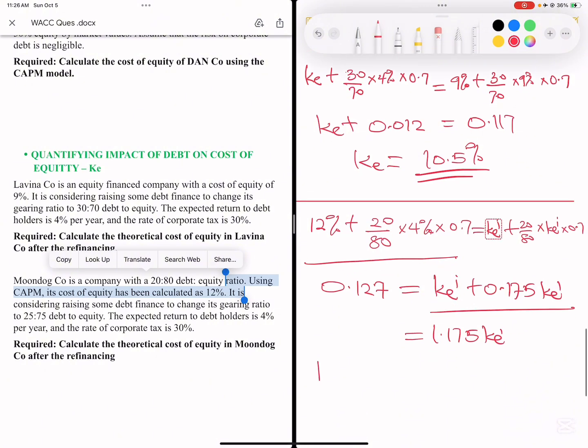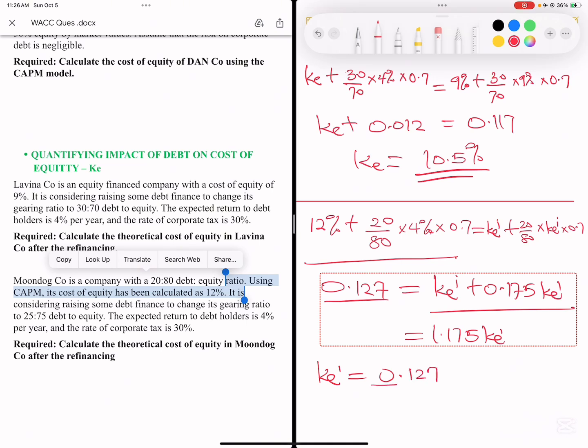Which means KEI equals 0.127 divided by 1.175. And that should give us what we're looking for. So 0.127 divided by 1.175, and that is equal to 10.8%. So we know KEI is 10.8%.